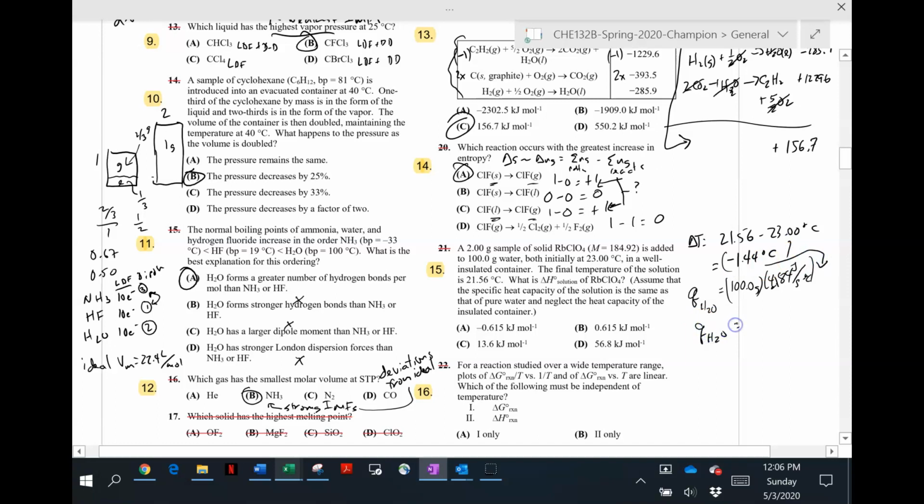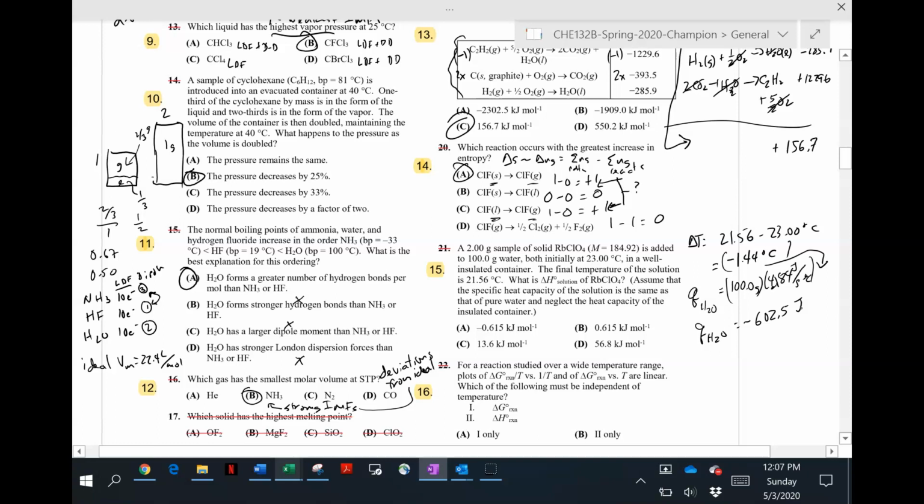So the water gave off 602.5 joules, just to round that off to a convenient point.